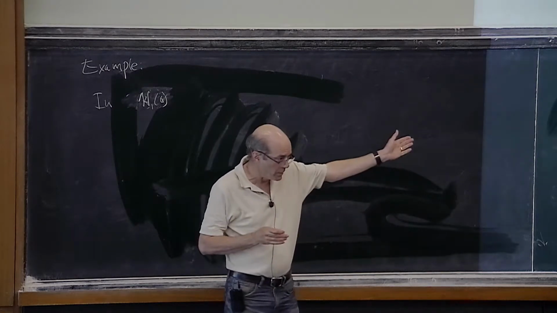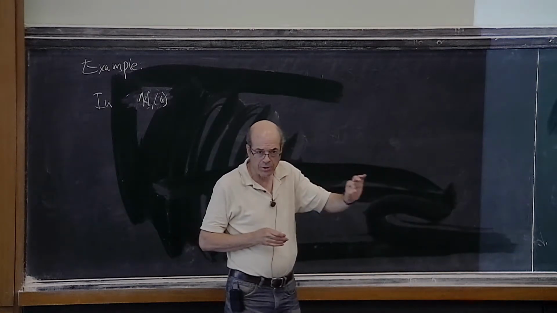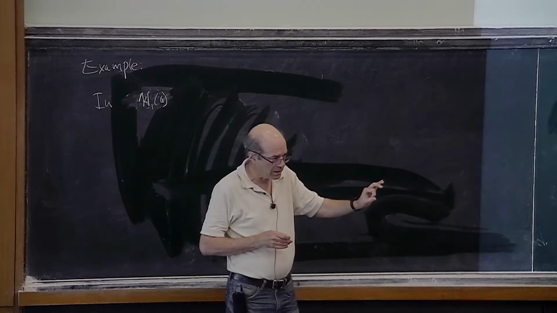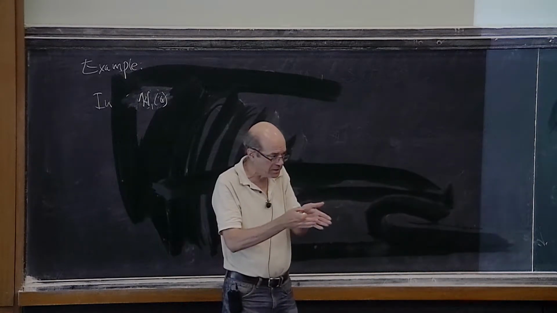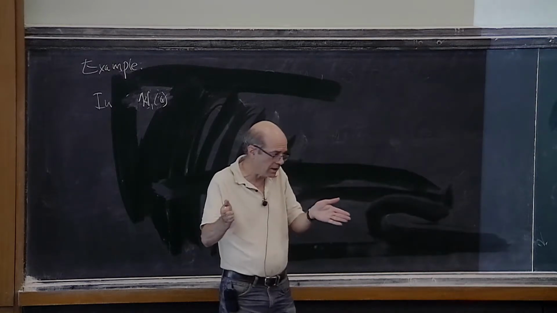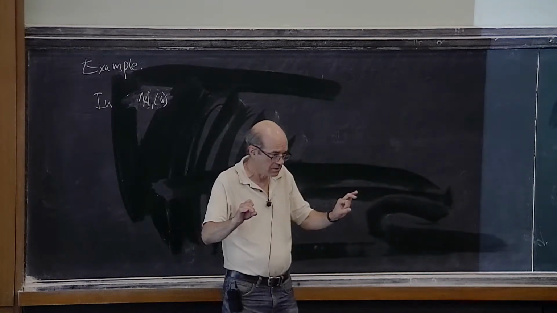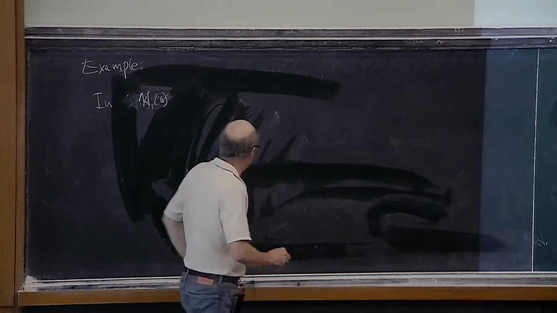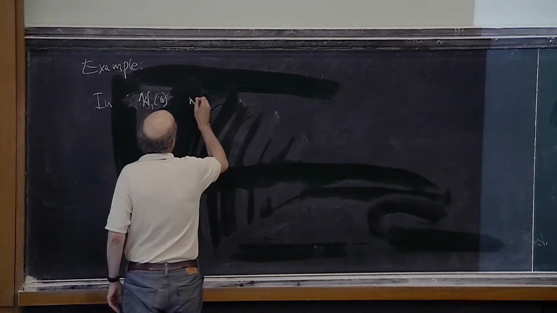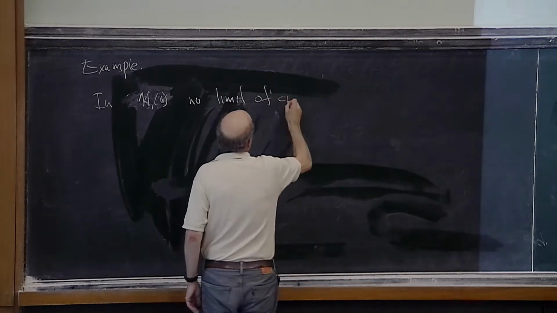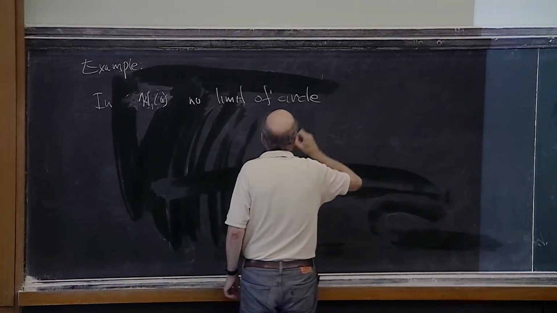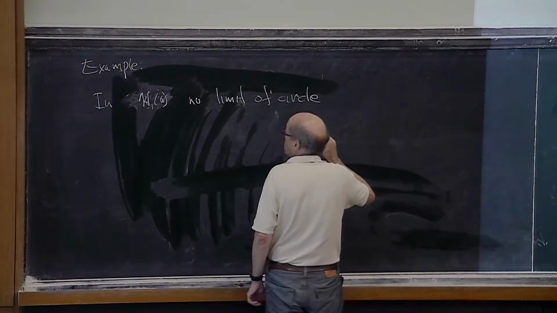The nu here is the Haar measure. So we want to show that no limit of large circles can put positive mass on the union of the closed orbits. Barak has already shown this to you.